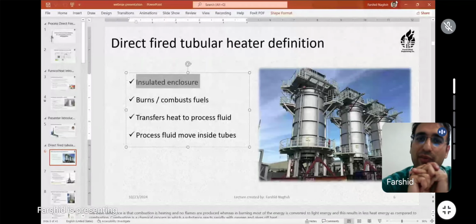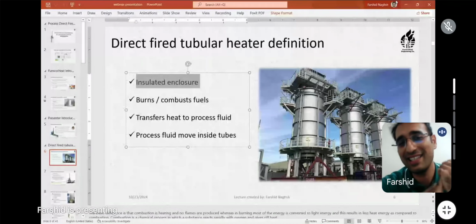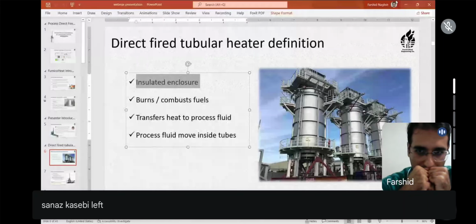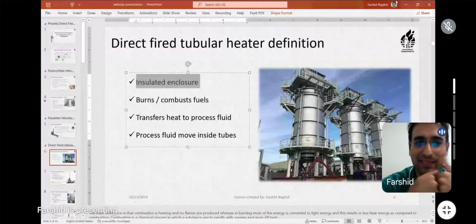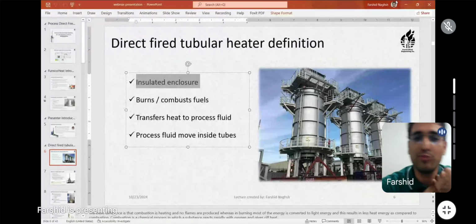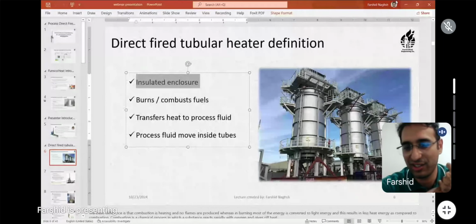Another point that is bold in definition of direct fired heaters is that the heat that is produced is transferred to the process fluid. So it is transferred and it moves. Process fluid moves inside the tubes.